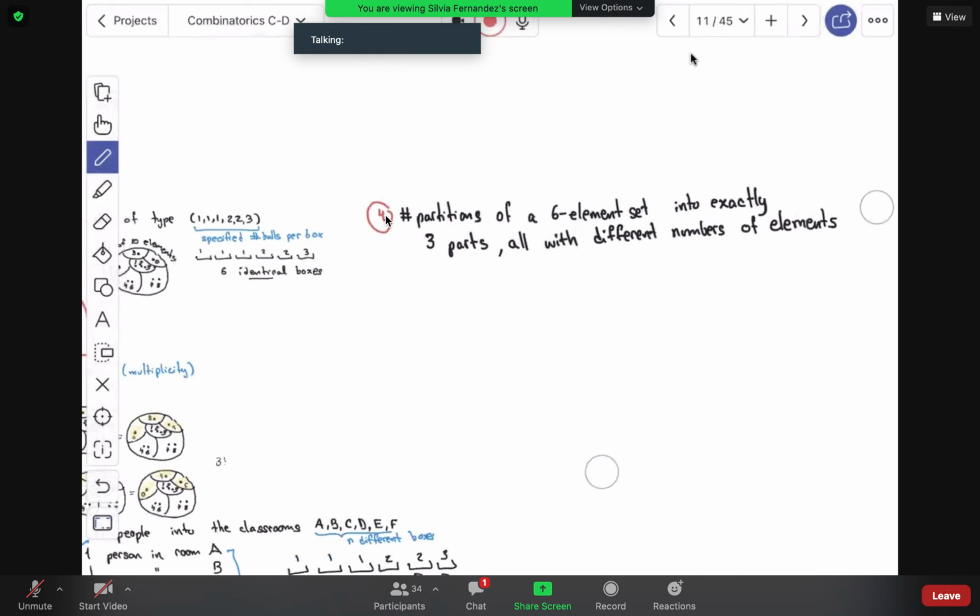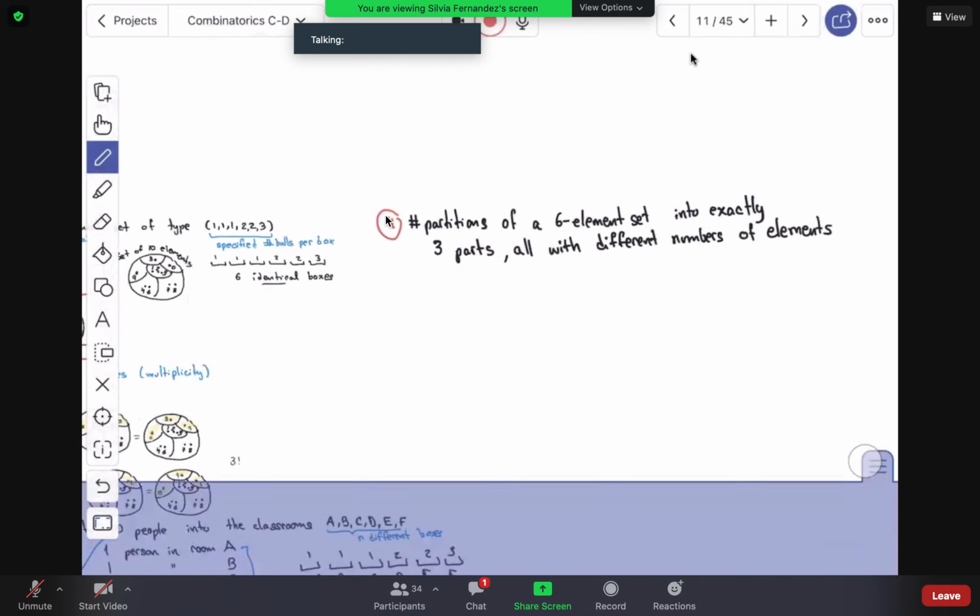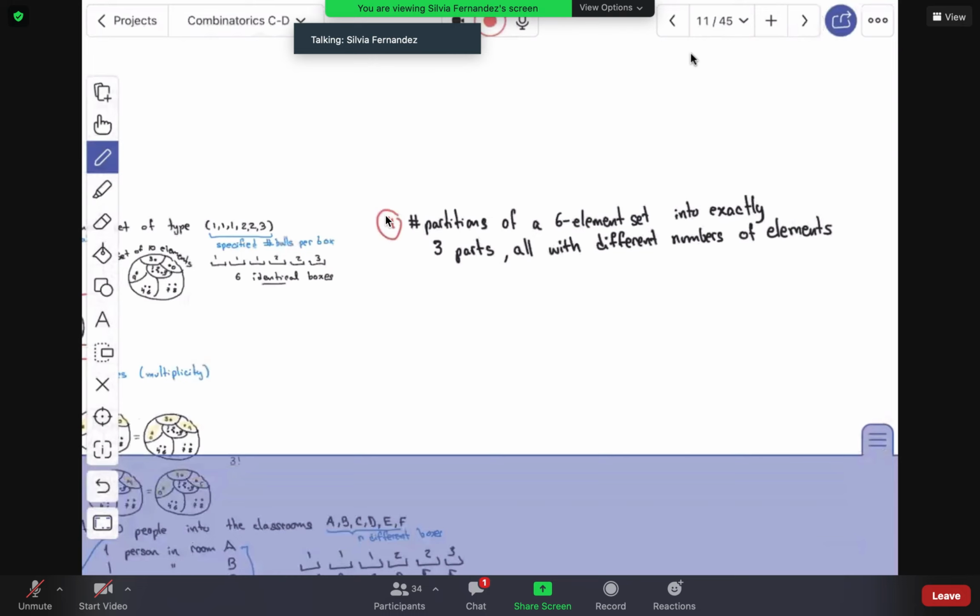So here your M is 6, and you need to have exactly 3 parts, so 3 non-empty parts. So this is your N equals 3.